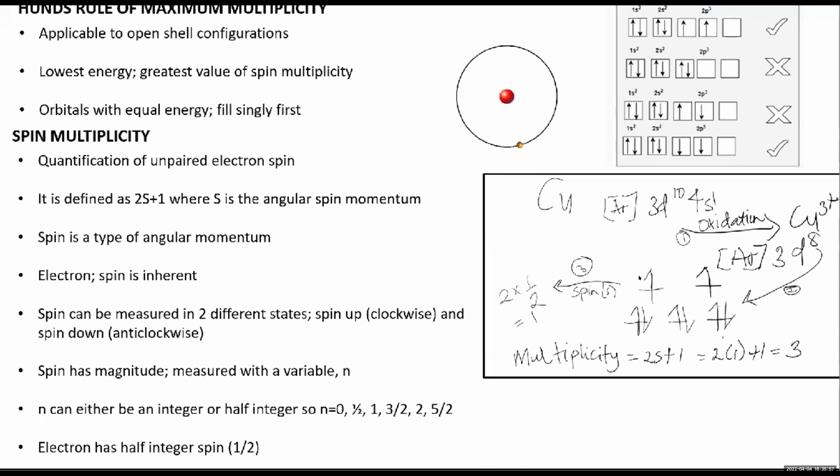Because this is a half integer spin, and since you have 2 of them, 2 times a half will be 1. So when you put 1 into this formula, you get 3. So copper 3+ will usually exist in triplet multiplicity. And so when your spin is 0, the multiplicity will be 1. For half spin, it will be a doublet, and for spin 1, it will be a triplet.